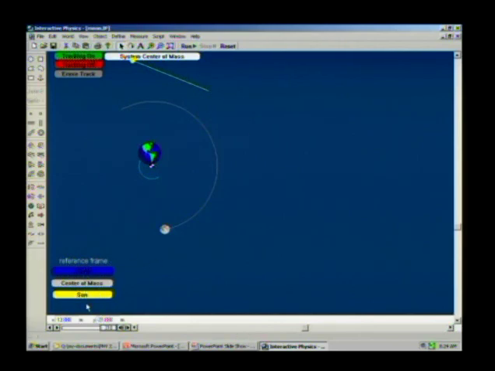Now, an even better reference frame is if we choose the Sun as the reference frame. Well, in the reference frame of the Sun, both Earth and Moon orbit their center of mass, and this entire object circles around the Sun.